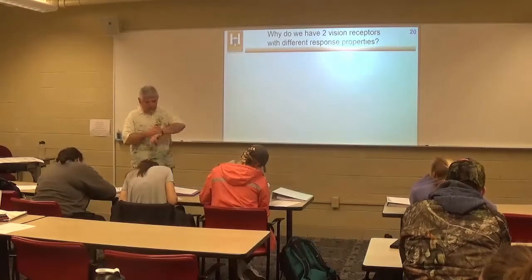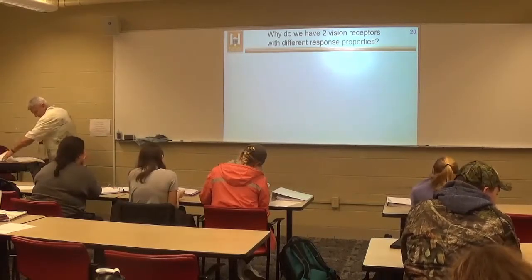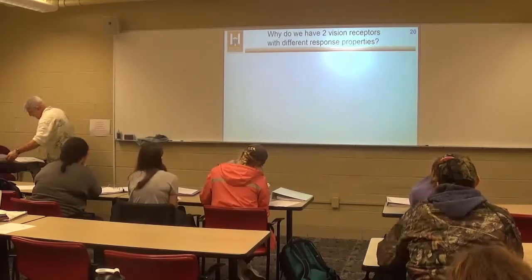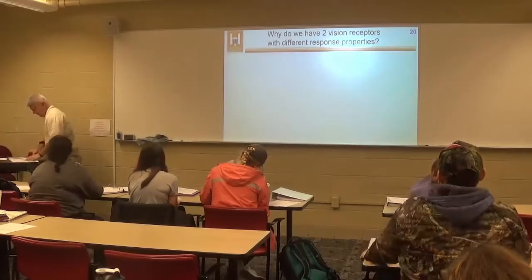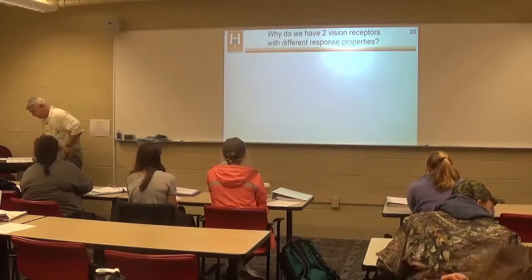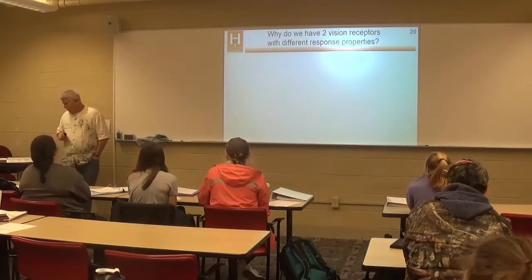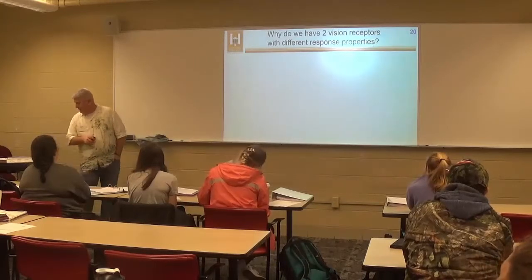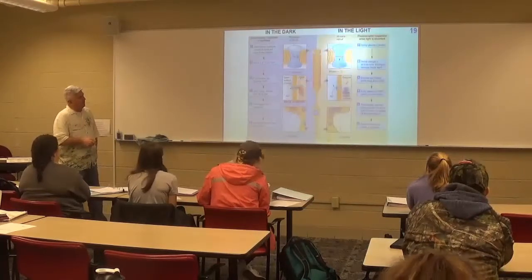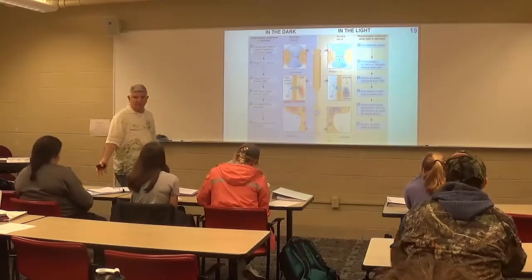All right. So first of all, why is this crazy system set up this way? I mean, why wouldn't we just want light to come in and cause neurotransmitter to be released?